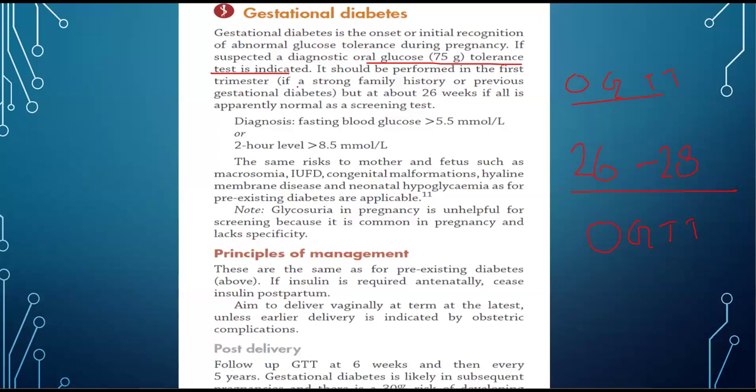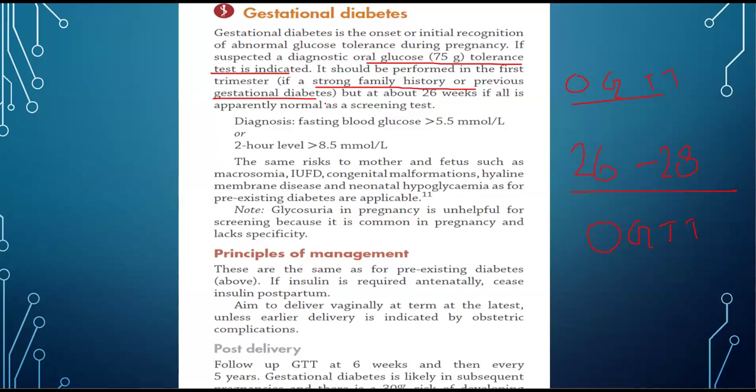It should be performed in the first trimester if there is a strong family history of diabetes or if the patient had previous gestational diabetes. In these two situations you would do it in the first trimester, but in all other cases, you can do the OGTT between 26 to 28 weeks.